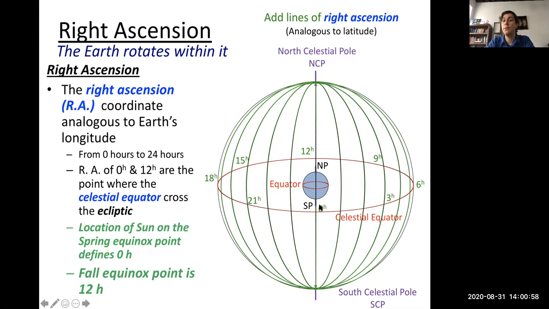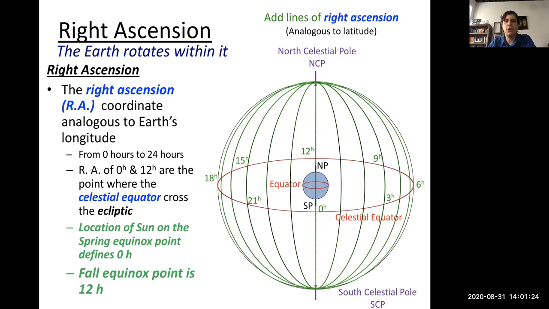So our 0 degrees is really 0 hours. Why did they choose this, and why did they make it go from 0 to 24 hours? Well, there are 24 hours in the day, so the Earth is rotating through all 24. That your point overhead is going to be rotating through all 24 right ascensions, 24 hours of right ascension every day.